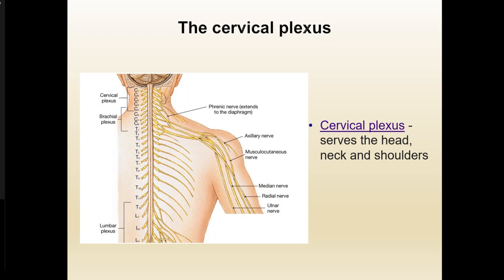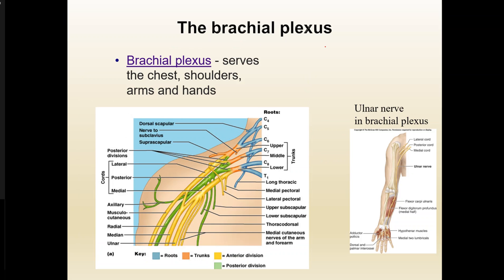Okay, so I just want to zoom in a little bit more in detail on the cervical plexus. Each plexus is kind of easy to understand in terms of what it serves. When you talk about cervical, this is close to the head, neck, and shoulder, so it makes sense that it serves that area. The brachial plexus serves the chest, the shoulders, the arms, and hands as well, and it's highlighted here.